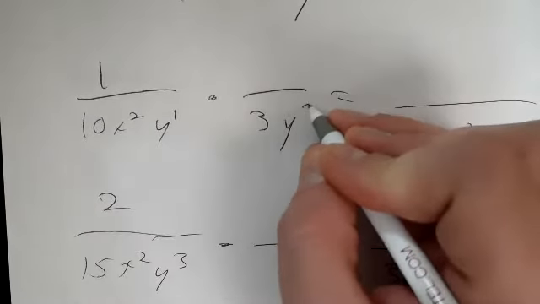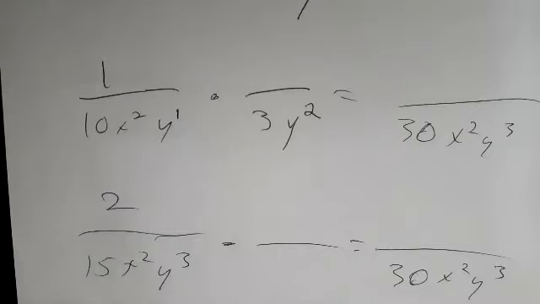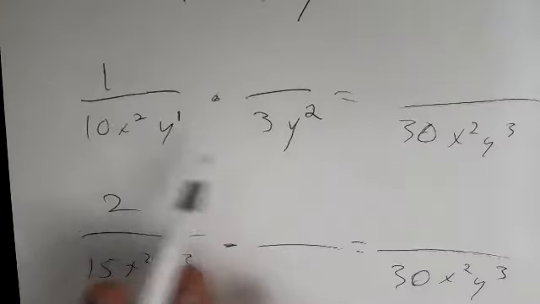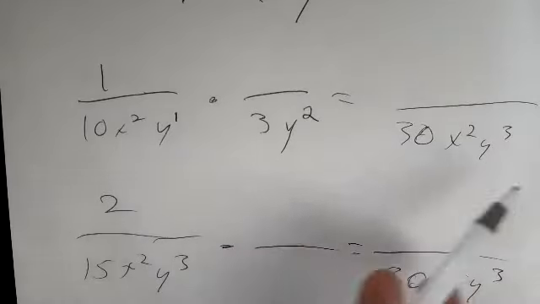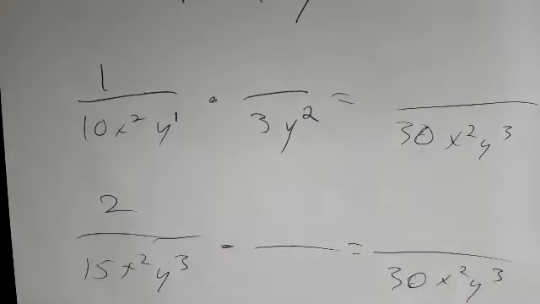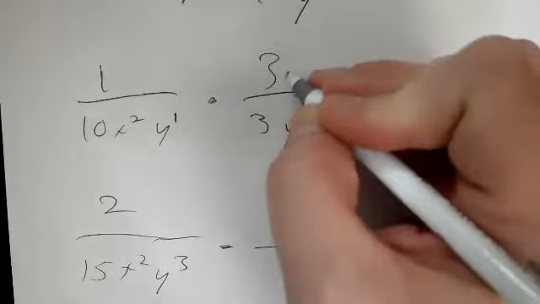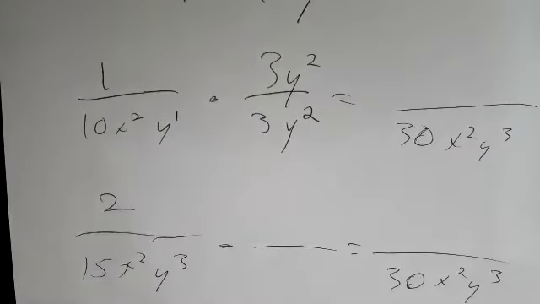So I need to add 2 more y's to that, or a y squared. So again, multiplying common bases is going to add the exponents, right? We did that a while back with exponent rules. Y squared on top.